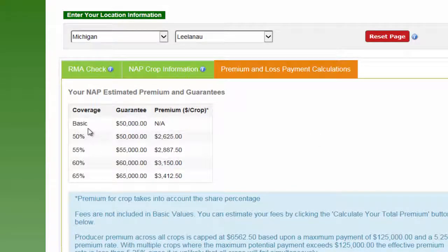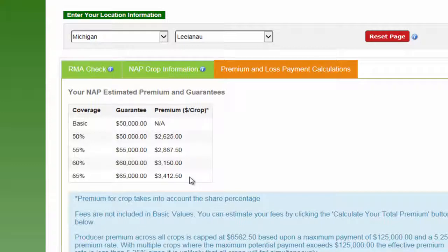The basic then is going to be $50,000, the same program that's been around for many, many years. 50% of 100,000, of course, is 50,000, 55, 60, 65,000. As you see over here, this is the premium.